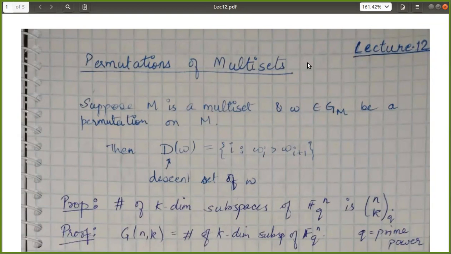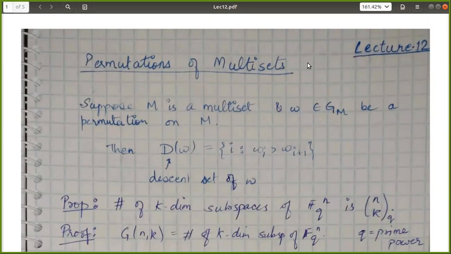Okay, so let's start with permutations of multisets. As before, let M be a multiset and let W be a permutation on this multiset M. Then the descent set of W can be defined just as we defined earlier, where Wi is bigger than Wi plus 1. So you may have questions. Earlier, remember we had two sets, the set of descents of W and the set of ascents of W. And it was very clear that if something is not a descent, it has to be an ascent.